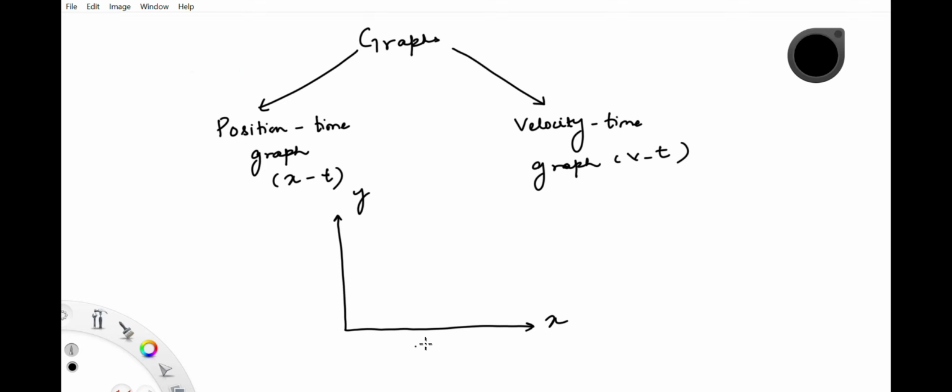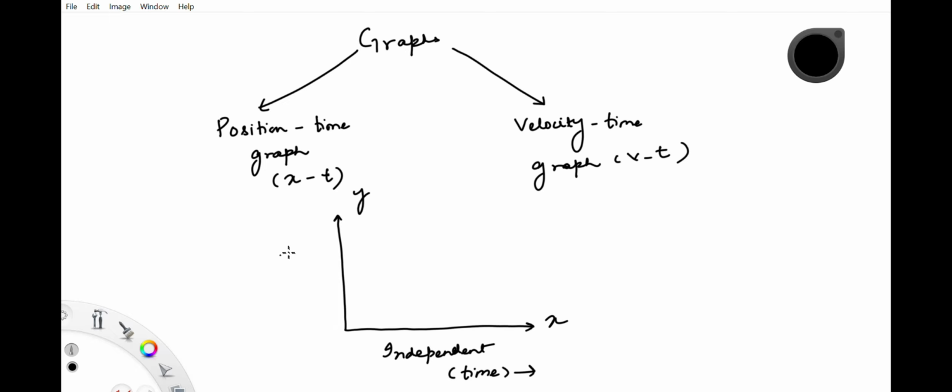Time is not waiting for me. It does not wait for anyone. Right? So that is how time becomes an independent variable. Now if you look at velocity, position, or maybe acceleration, all these variables are affected by time.